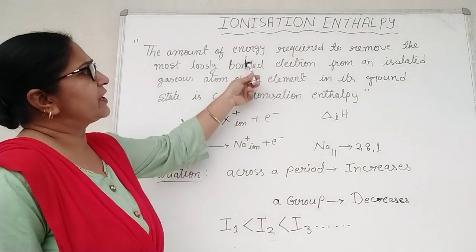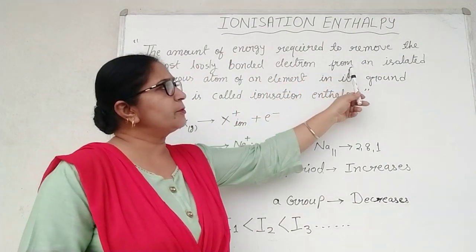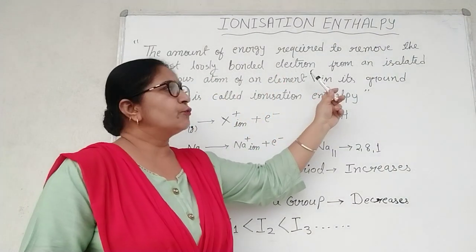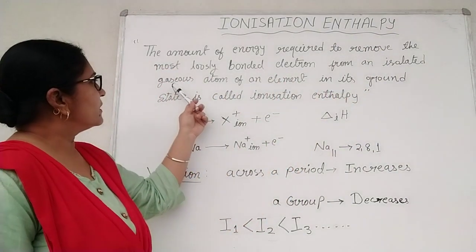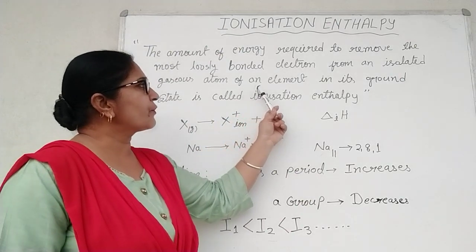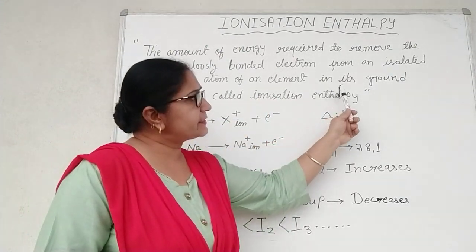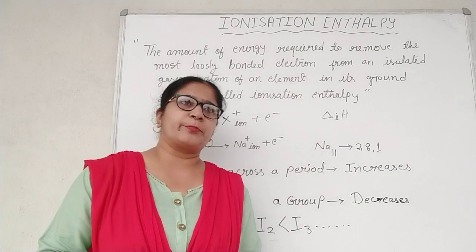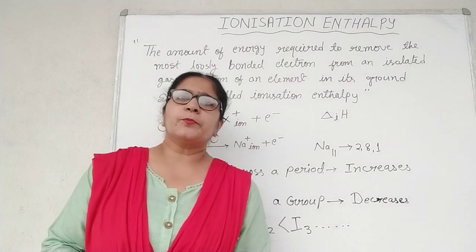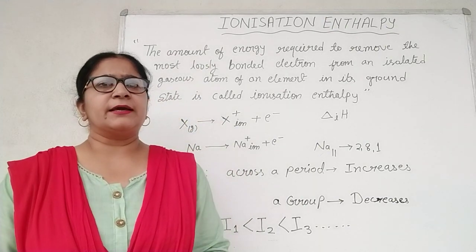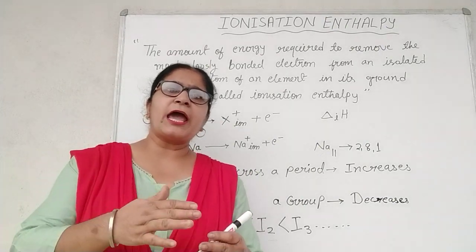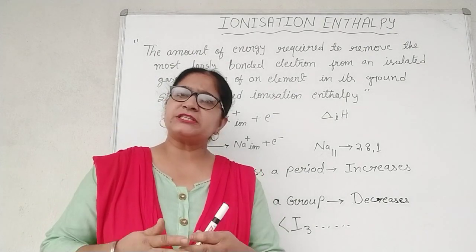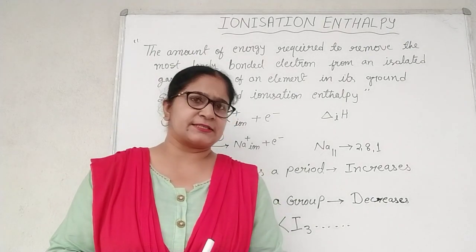The amount of energy required to remove the most loosely bonded electron from an isolated gaseous atom of an element in its ground state is called ionization enthalpy. What does this mean? This means that we have to remove an electron from an atom which is presently in the gaseous state.